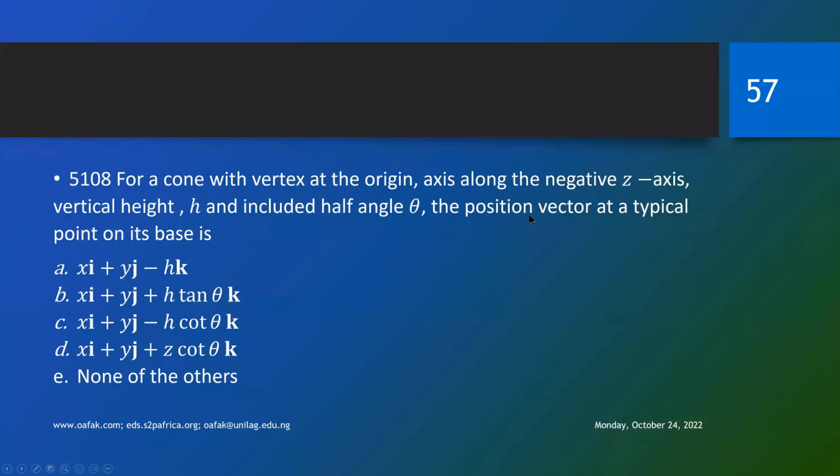So we are now looking at the position vector on the base of the cone. I'm not going to give you the answer yet. I want to go to the next question. I will go back over it.